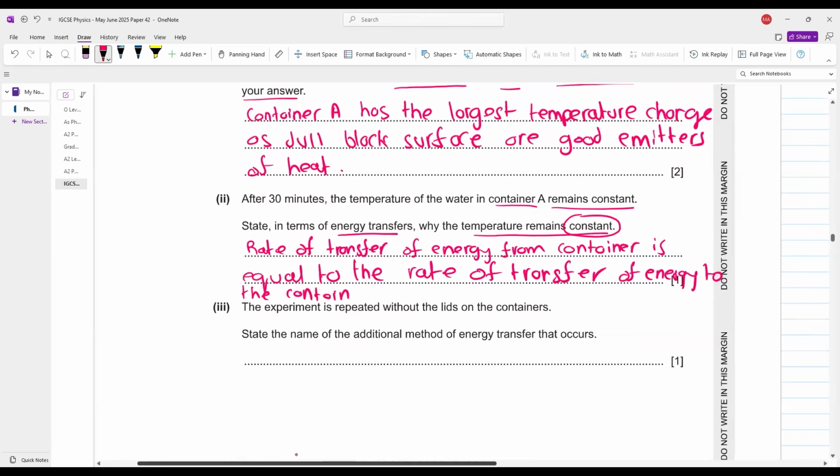From the container and to the container वाली energy same हो गई हैं. That's why temperature remains constant.